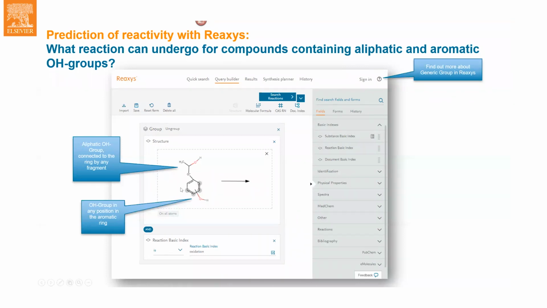What is this? This is an aromatic ring. This is a bond which can be connected to any atom from this ring. If you joined recently, you can watch the recording later, and we already discussed how to use it in the structure editor. This is the G group.